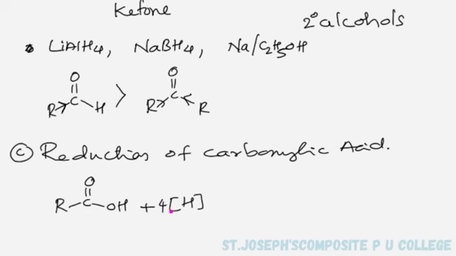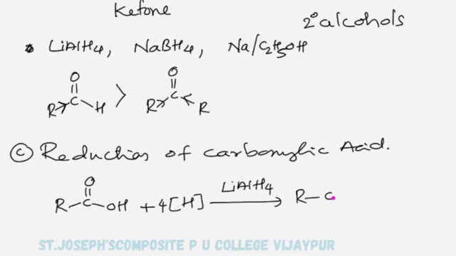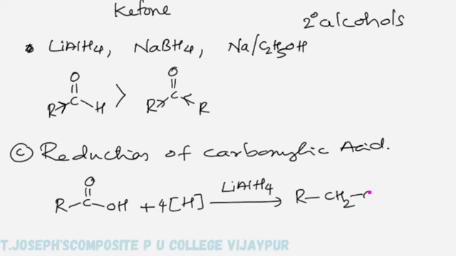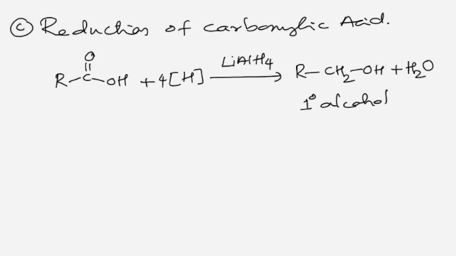We need 4 nascent hydrogens, and that can be produced by using lithium aluminum hydride. We get R, CH2, OH, and along with that this OH group is also reduced and converted into H2O. Whenever carboxylic acids are reduced with lithium aluminum hydride, they produce a primary alcohol. You should know this. I'm not going to discuss a particular example here.